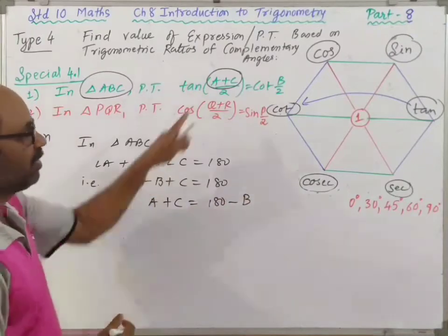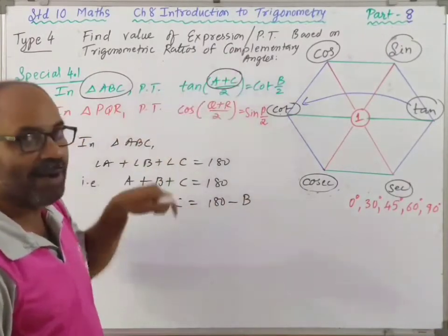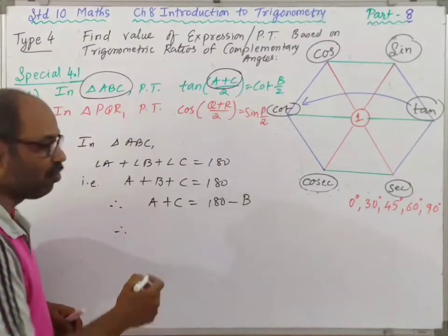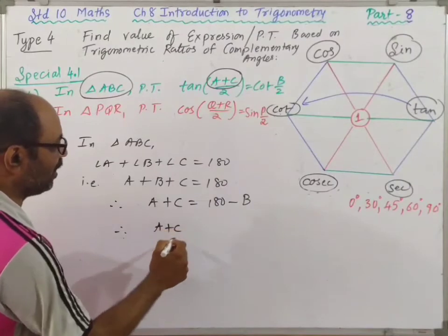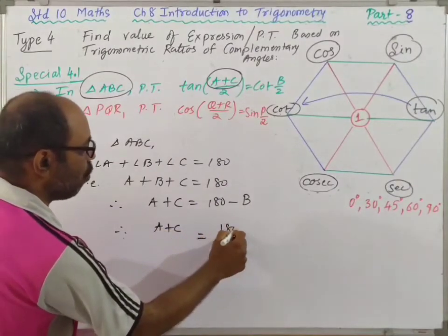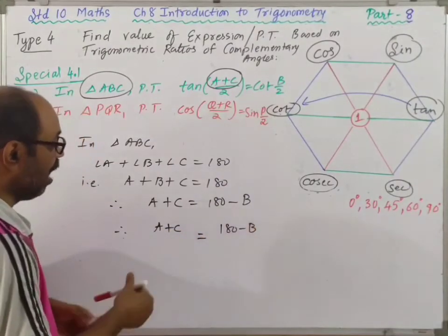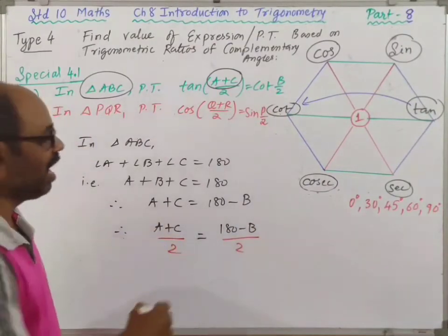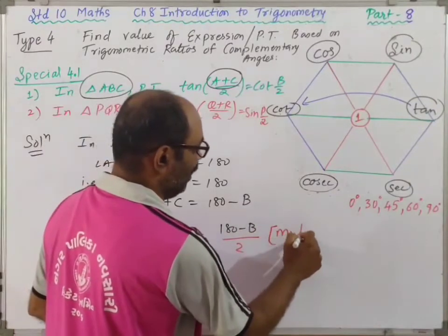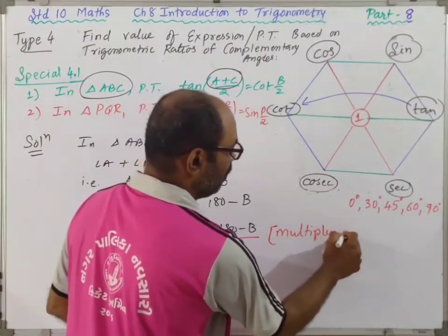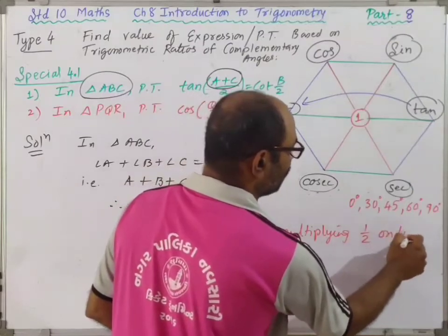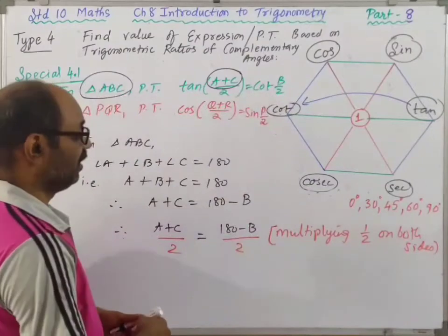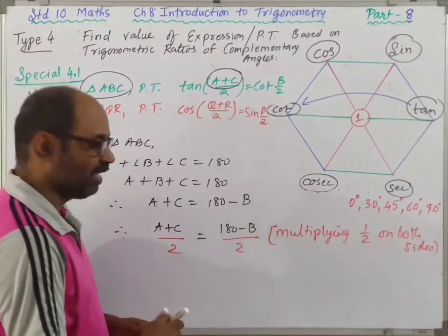Okay? Now this is not simply A plus C, so divide by 2. Divide both sides by 2, or you can say multiply 1 upon 2 on both sides. So A plus C is equal to 180 minus B. Now I am going to split this as two terms.